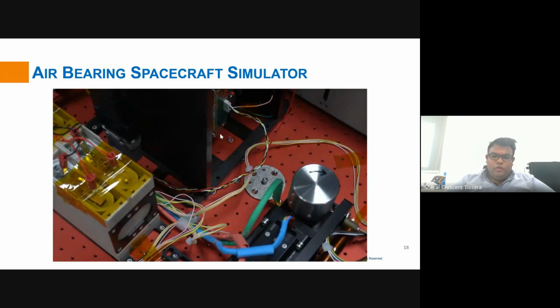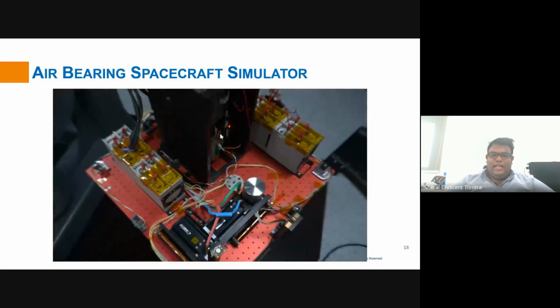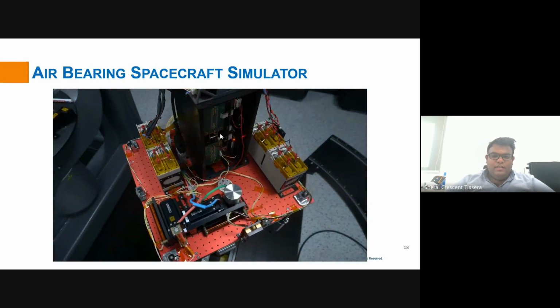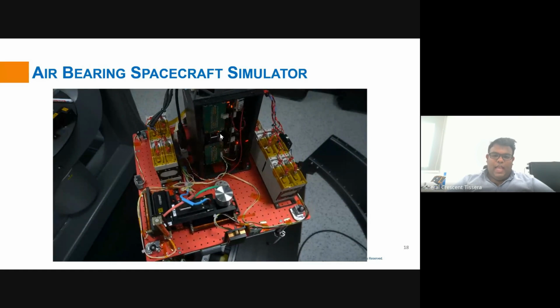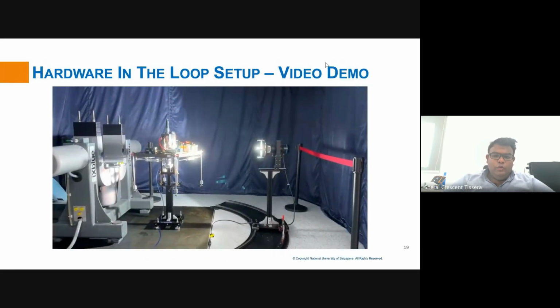So this also shows that the attitude control of the satellite is based on the principle of conservation of angular momentum. So with this simulator in place, we can perform sun-point experiment using the solar simulator.